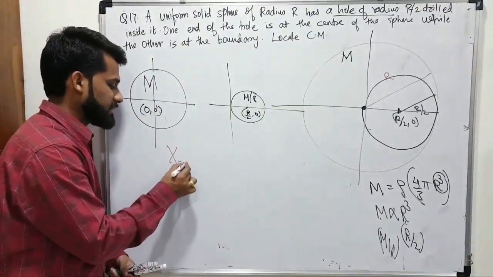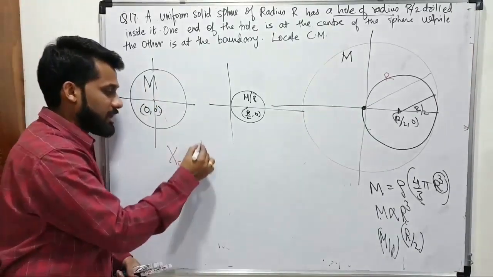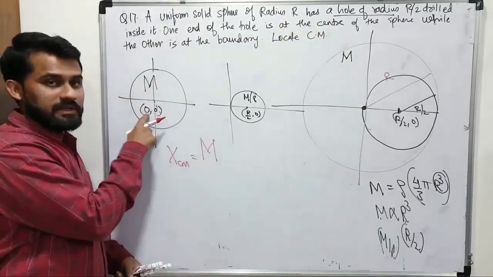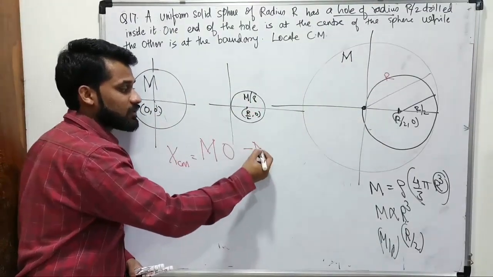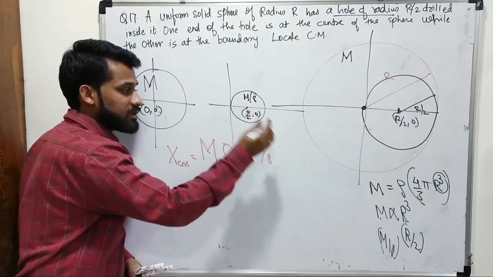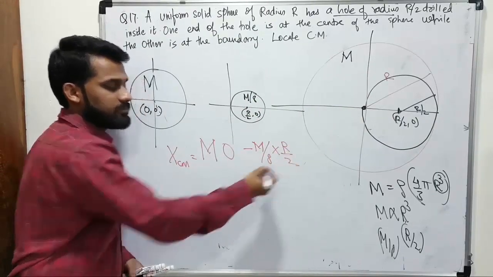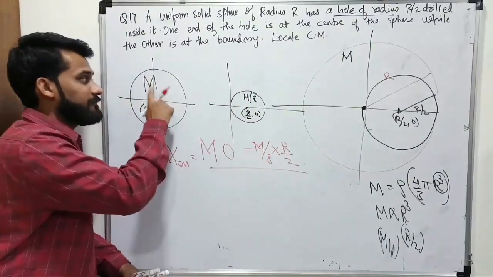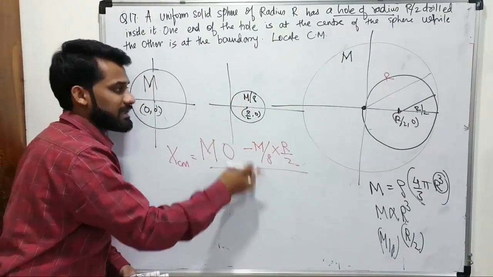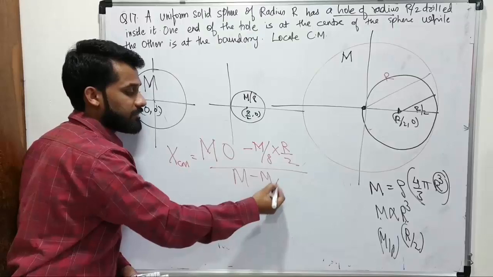And now using the concept of negative mass, I can solve this question using the formula of center of mass. xcm is m1, the mass of the whole sphere, into x1, which is origin, so into 0, plus m2, but it is negative mass, so minus m by 8, into x2, its location, r by 2, upon m1 plus m2, m plus, but this is removed mass, so minus m by 8.